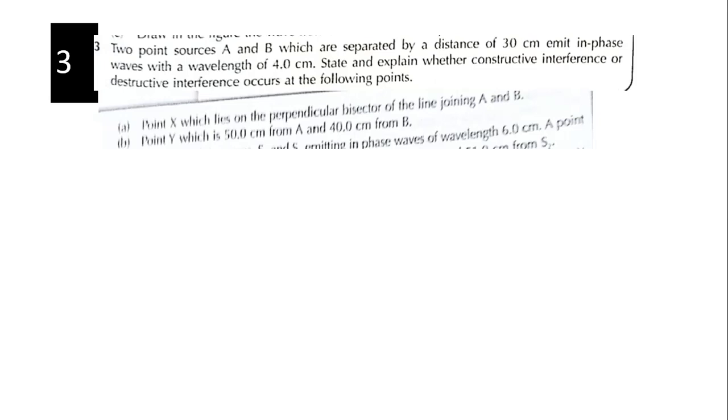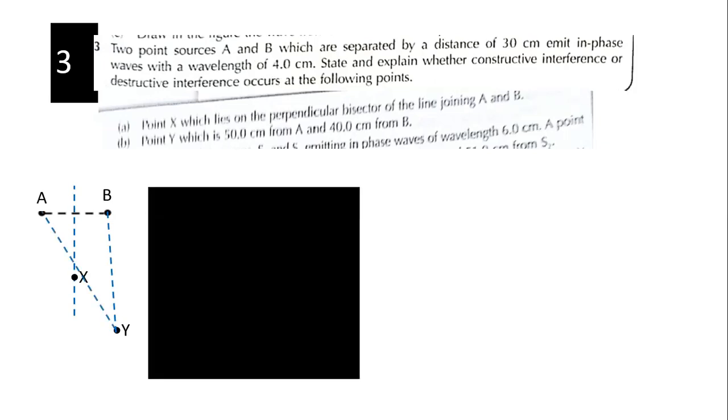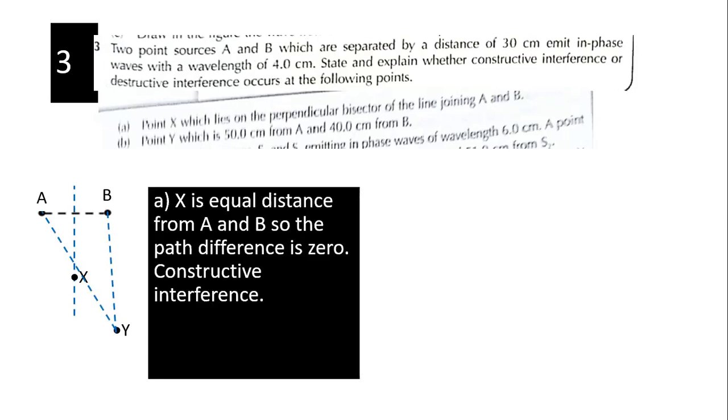Point X, which lies on the perpendicular bisector of points A and B. That's your point A and B, that's your X, equal distance away. That's your point Y. Point Y is 50 cm from A and 40 cm from B. Roughly sketch it so that you know what it is.